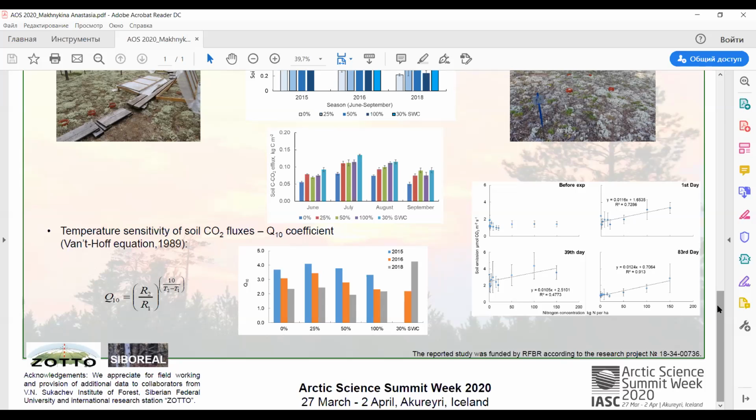Later, we calculated the Q10 coefficient to look at the temperature sensitivity of soil CO2 fluxes. And we also found that the biggest sensitivity was in our site with 30% of soil water content.